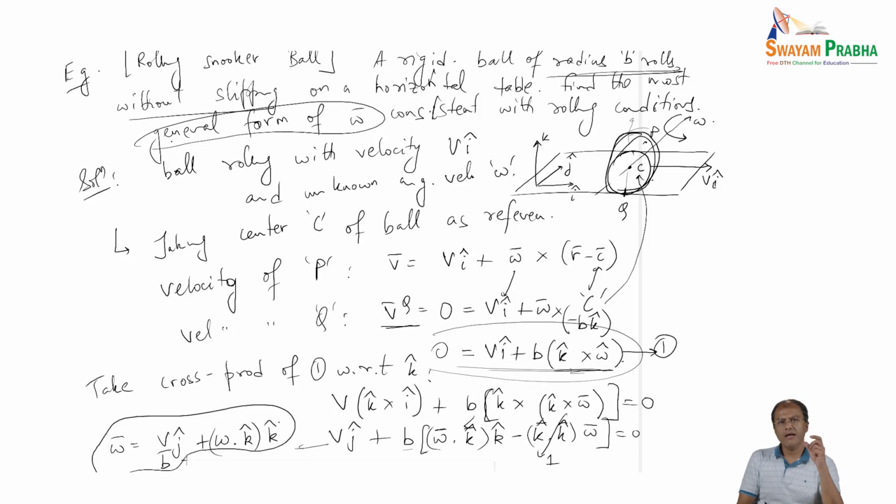Notice that had we assumed that the ball was rolling along an axis perpendicular to the floor, rotating about the axis which was the j axis, then omega would have been simply v over b. But the fact is, this is the most general rigid body motion. There is an additional component along the k axis.